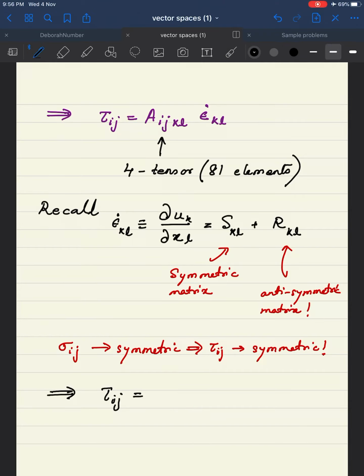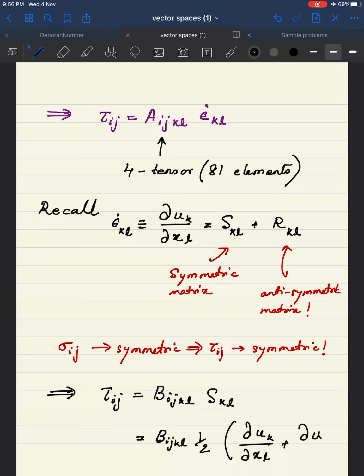So here you will have bijkl, some other transformation, multiplied by SKL, or basically equal to some bijkl into half of del uk by del xl plus del ul by del xk.